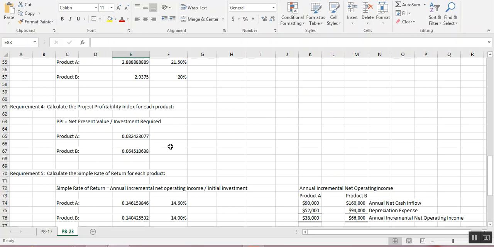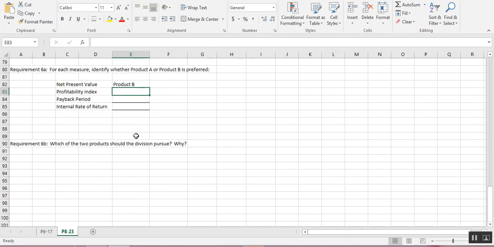So the rule of thumb for project profitability index is the higher one's the better one. And that's because we're looking at constrained resources. So we want something that is the highest of the two. So that would be product A. So looking just at profitability index, product A.